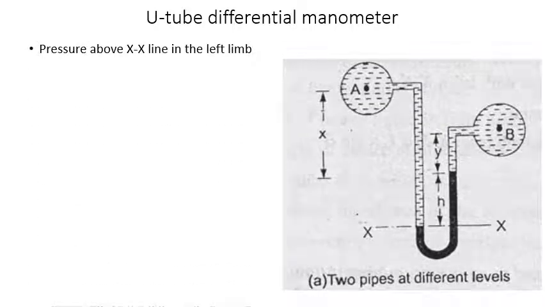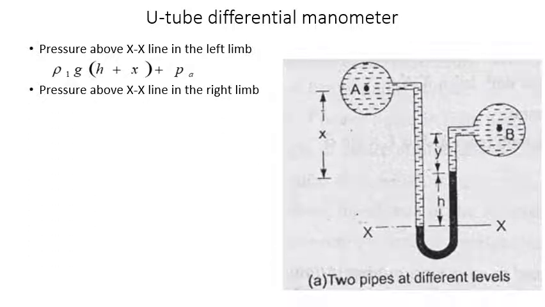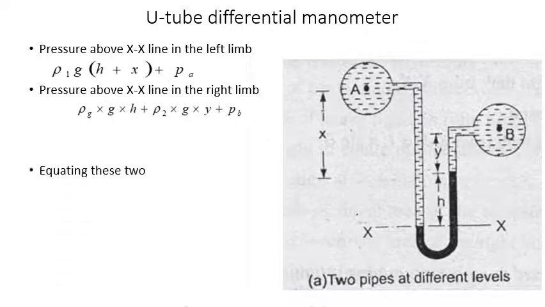Now the pressure above the XX line in the left limb is rho 1 g (h plus x) plus P_A. The pressure above the XX line in the right limb is rho g g h plus rho 2 g y plus P_B.